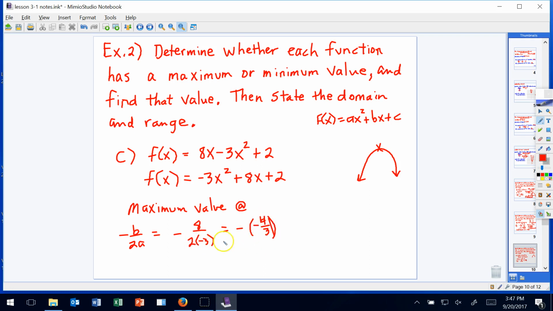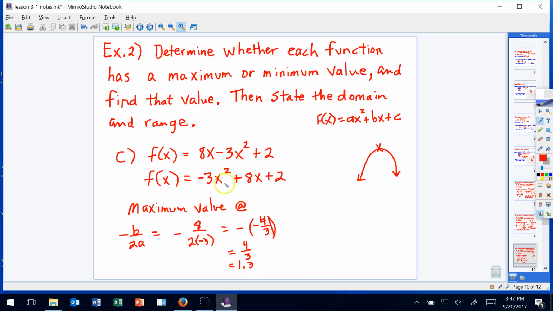And the opposite of negative 4/3 would be positive 4/3. So once again, if you want to just grab your calculator and change 4/3 into decimal form and round it, you can say 1.3. And it's going to be an approximation.